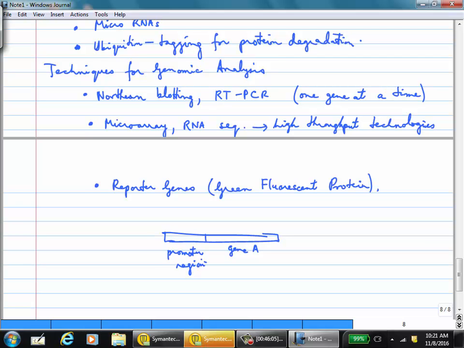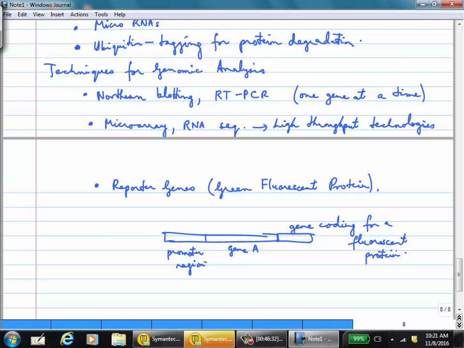What you could do is you could stitch this gene together, and you know how to do that. You can use DNA ligase to do it. You could stitch this gene together with some other gene coding for a fluorescent protein. So you will put that gene A under the control of some promoter.